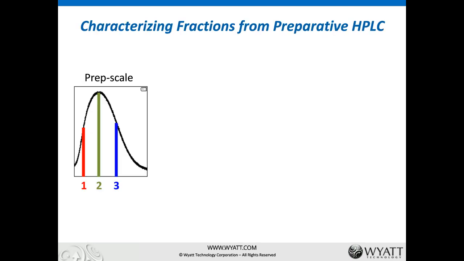SEC is often used for characterizing the fractions from a prep scale HPLC, as shown here, fractions 1, 2, and 3. But SEC separation time is often more than 15 minutes, making it only suitable as an offline method.